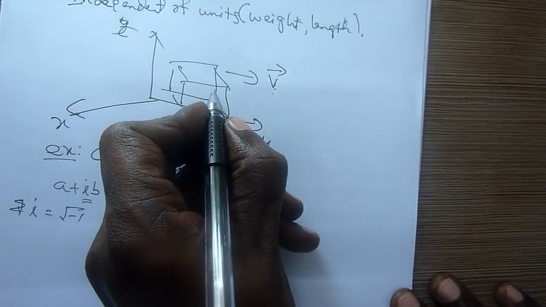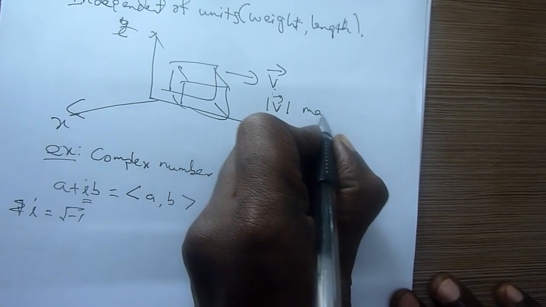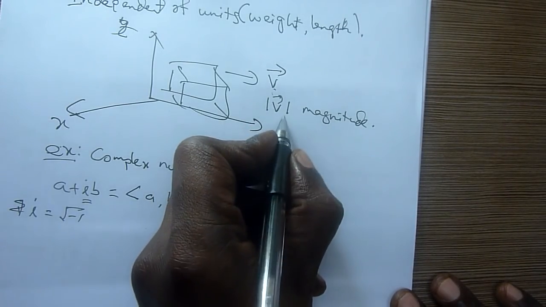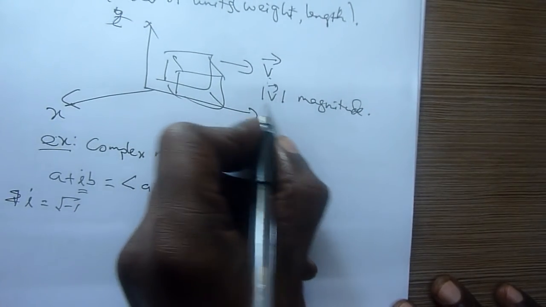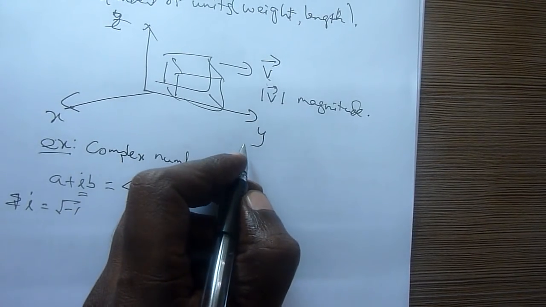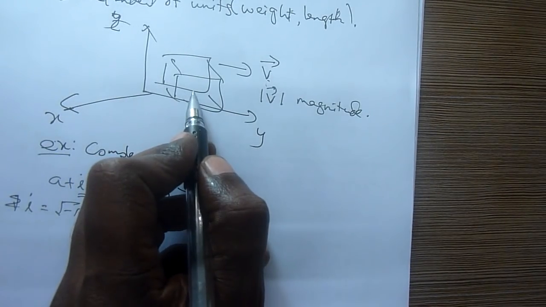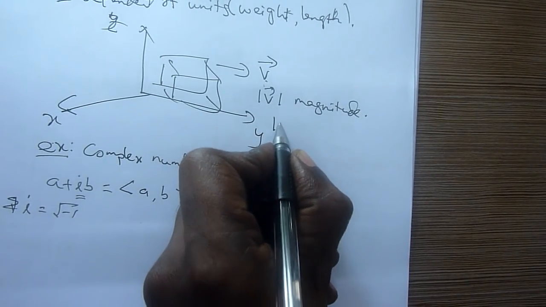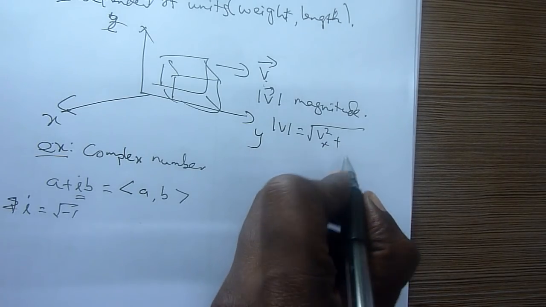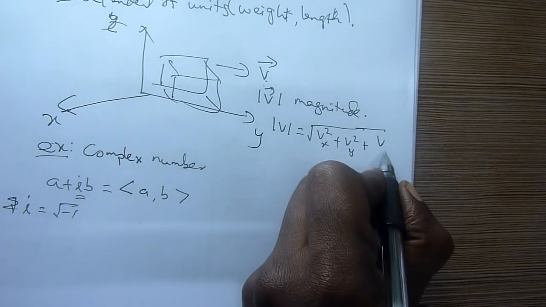The magnitude of the particular object is addressed using a modulus, and the modulus will be written as the square root of Vx squared plus Vy squared plus Vz squared.